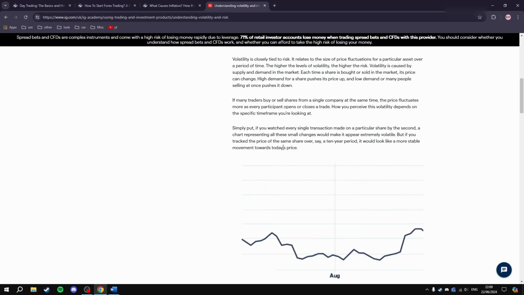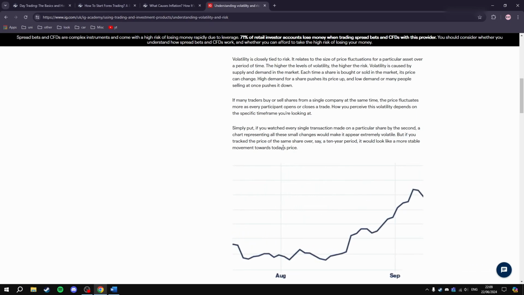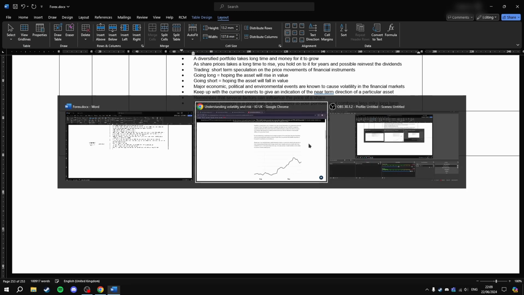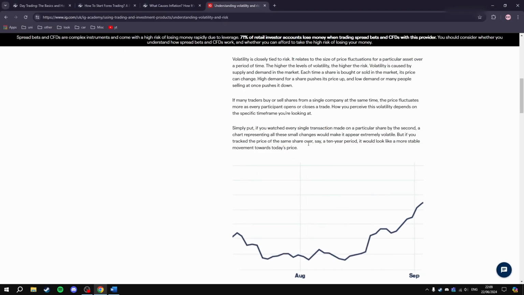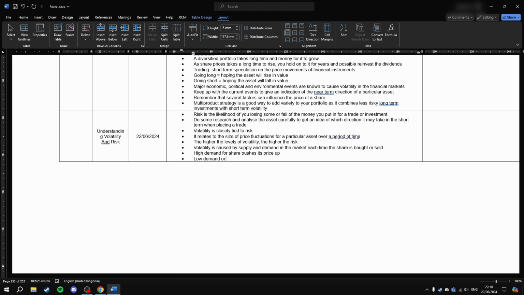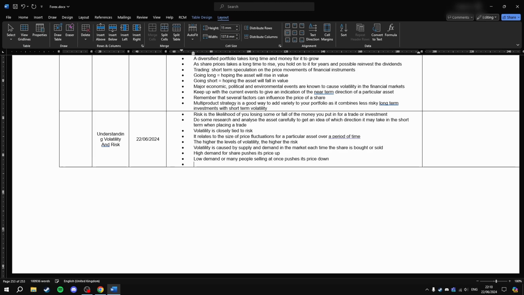High demand for a share pushes its price up, and low demand, when many people are selling at once, pushes its price down.